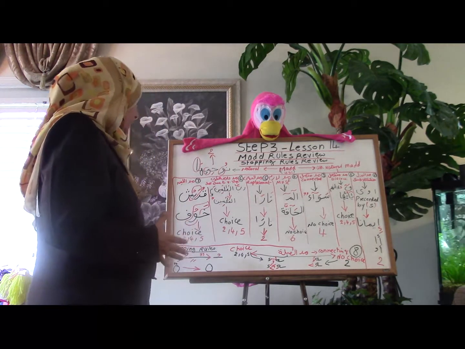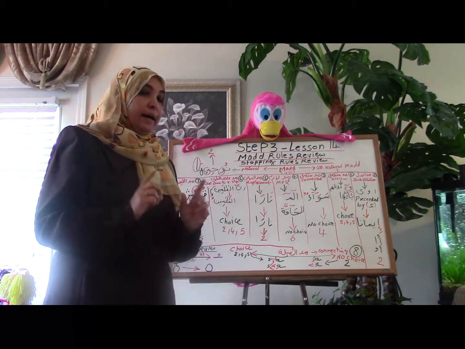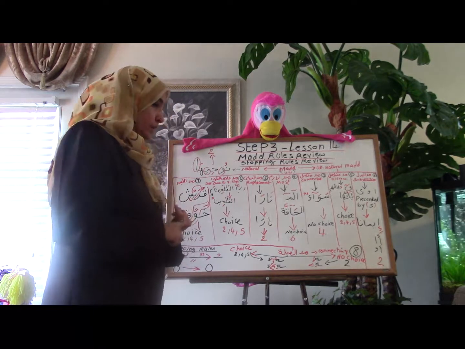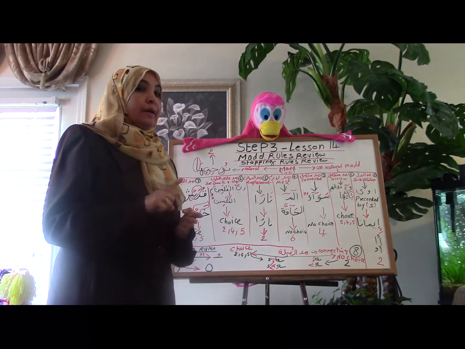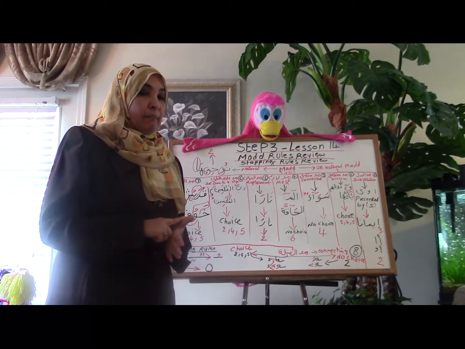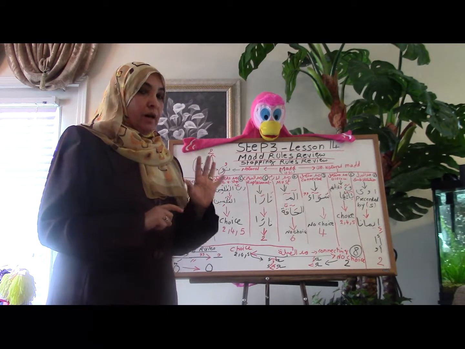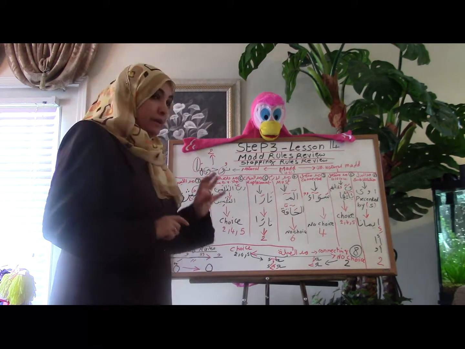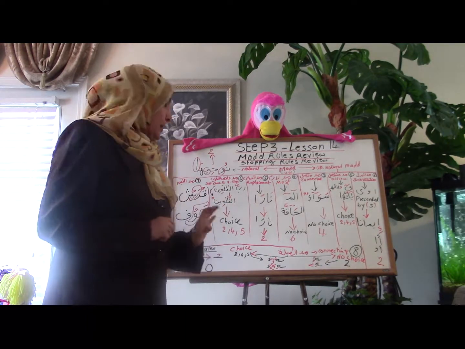For example, if you have a word, any word, that ends with fatha or kasra, or dhamma, or kasratain, kasra tanween, or dhammatain, dhamma tanween, any of these 5 harakat at the end of the word, and you want to stop at that word, what happens?